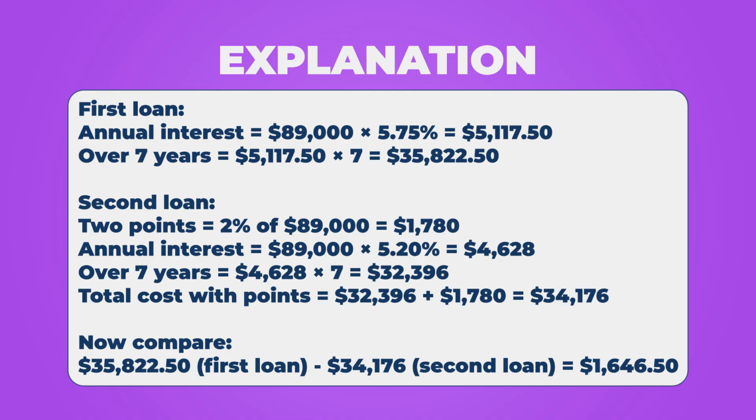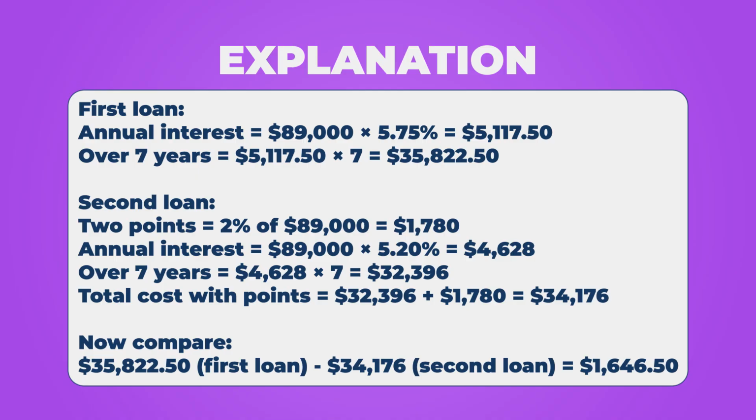Second loan, 2 points equals 2% of $89,000 equals $1,780. Annual interest equals $89,000 times 5.20% equals $4,628. Over 7 years equals $4,628 times 7 equals $32,396. Total cost with points equals $32,396 plus $1,780 equals $34,176.